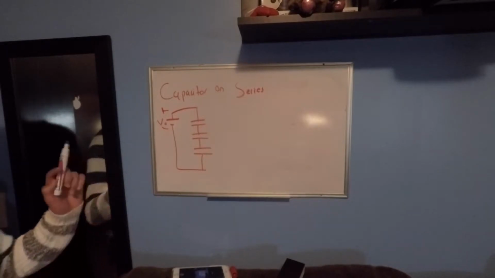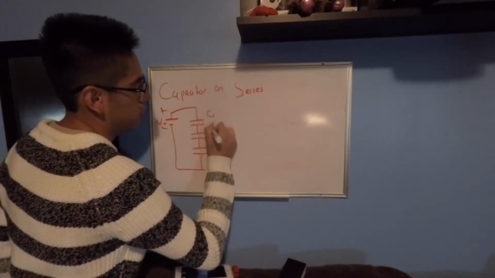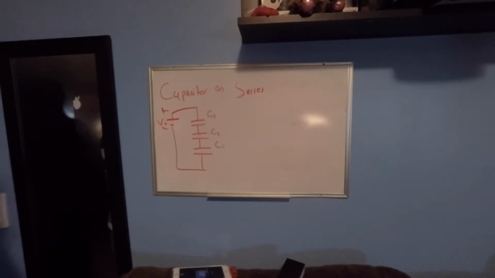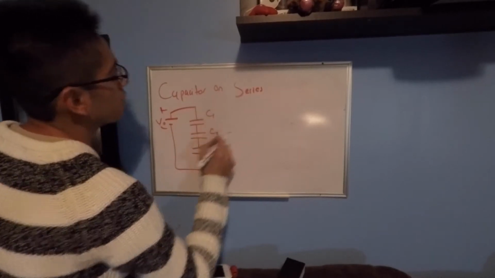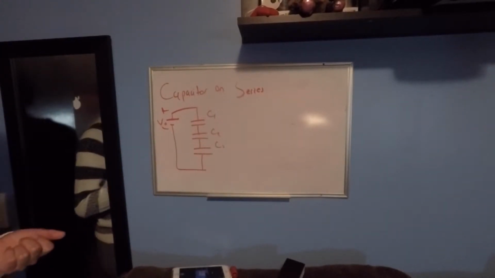Obviously it has some polarity, but what happened next? The next thing is the most important, because what is the same for each of these capacitors? Well, the voltage isn't. Why? Because the voltage is distributing about each one of these. So you don't have the same voltage, right?